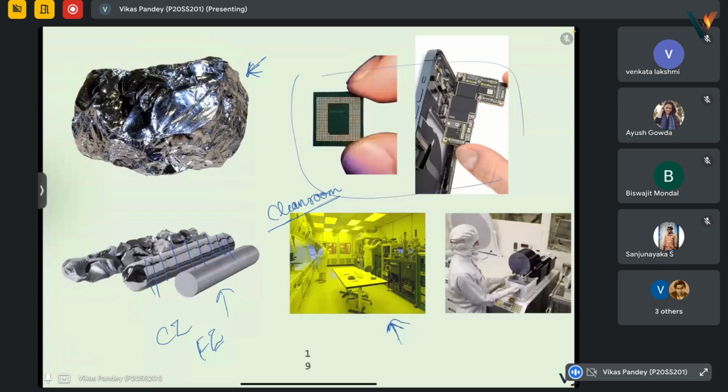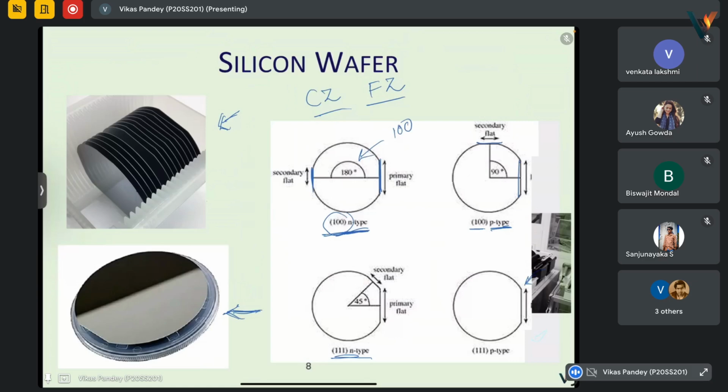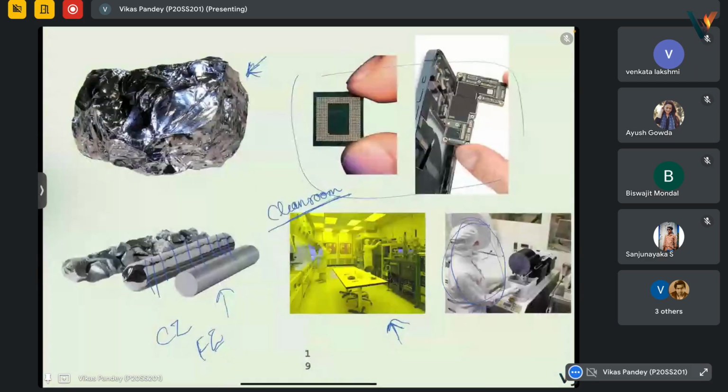How many total particles can be there? All these are controlled. It has a very good laminar flow. A fully controlled environment is used. Even people wear protective gear, everything is protected, gloves and all. So we have a wafer. We take the wafer and then we start our processes.